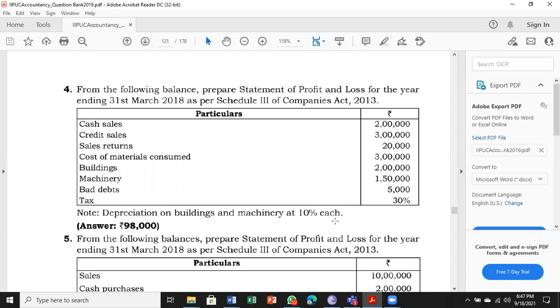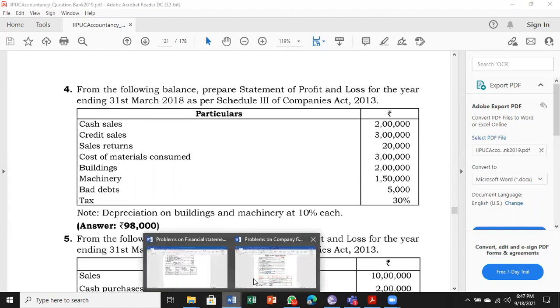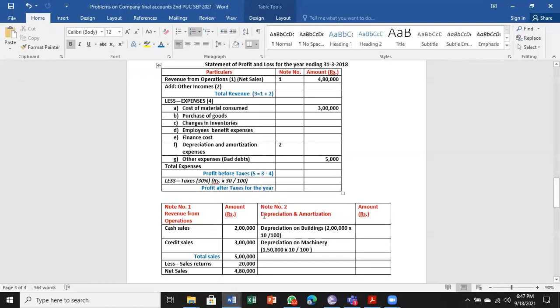Depreciation on building and machinery to be calculated at 10% each. Each means on building 10%, on machinery also 10%. So let us see here. We have a heading depreciation and amortization. Depreciation on building first. Building value is 2 lakhs. On 2 lakhs, 10% amounts to 20,000. Next, depreciation on machinery.